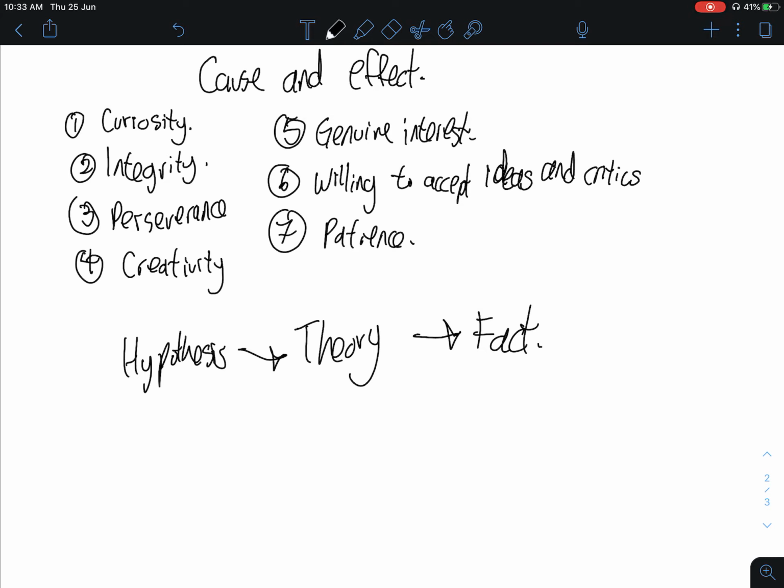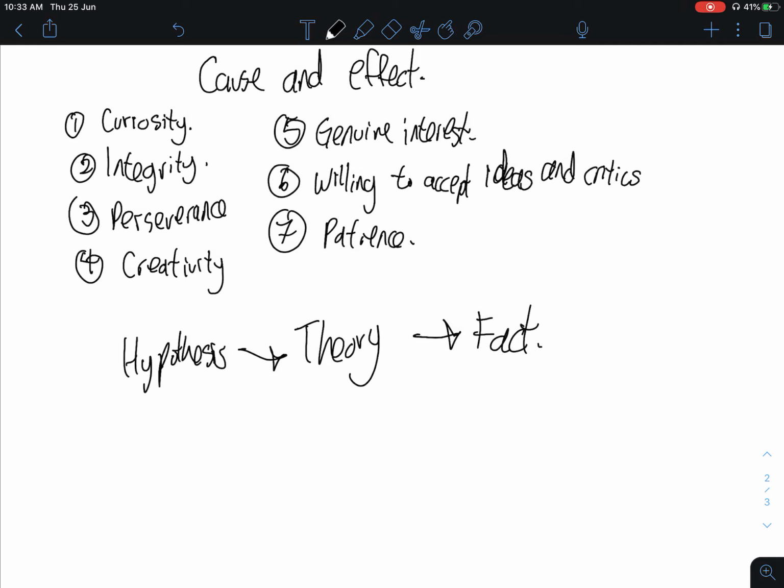So hypothesis is basically you do the experiment, everyone does the experiment, gets the same conclusion, it becomes a theory. And the theory has to be supported in different environments, different conditions before it becomes a fact. So that's how we go about designing it.